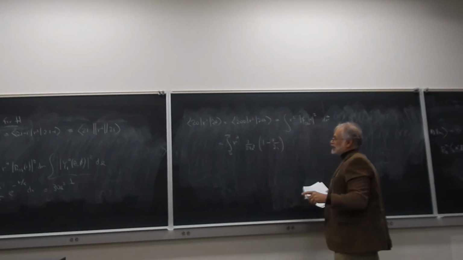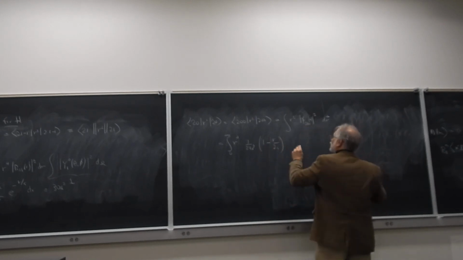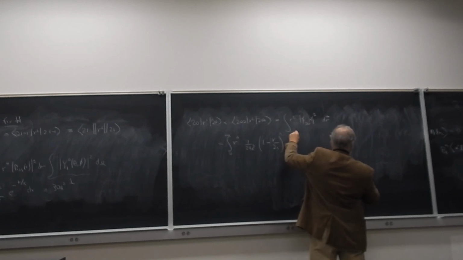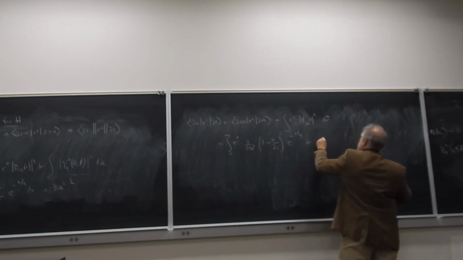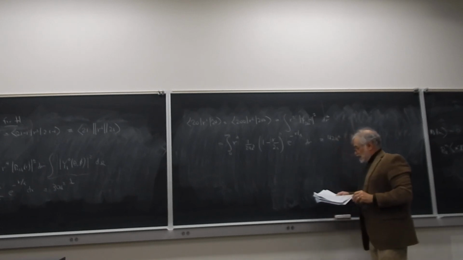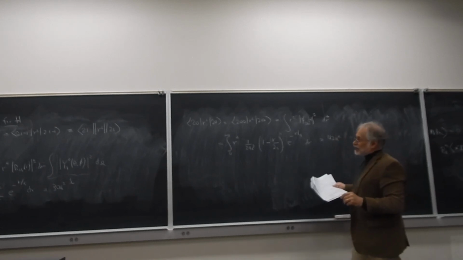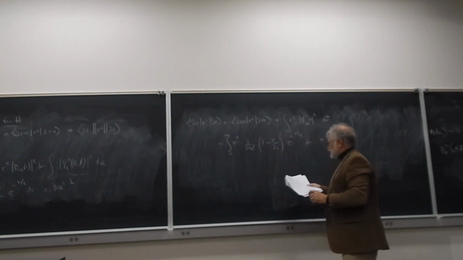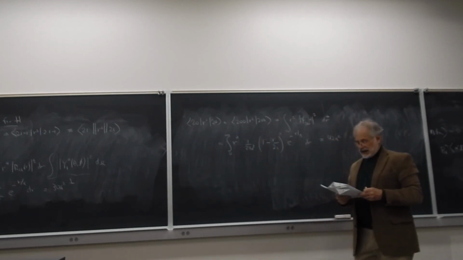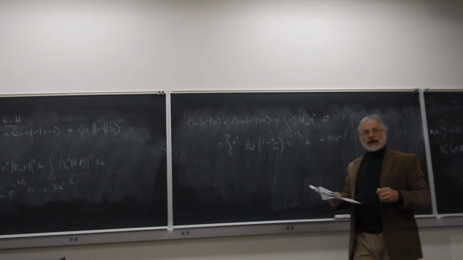By the way, a is the Bohr radius of the hydrogen atom. E to the minus r over a dr. And that will give me 42 a squared. So I've got 3 that give me 30 a squared, and I've got one more that gives me 42 a squared.